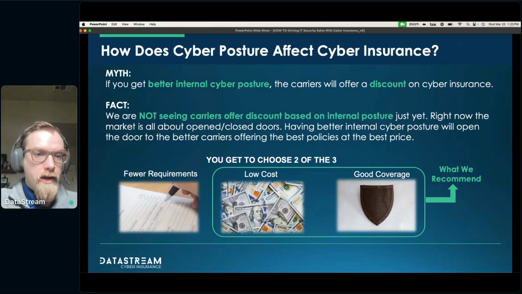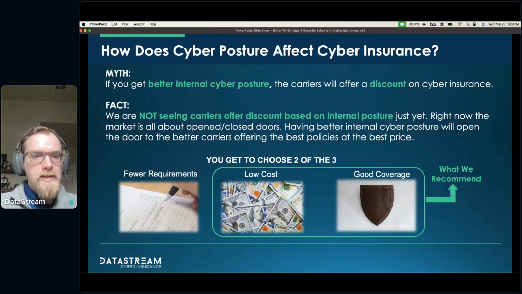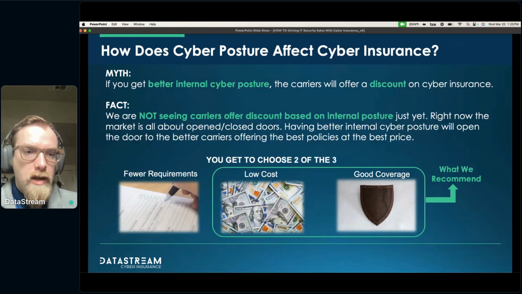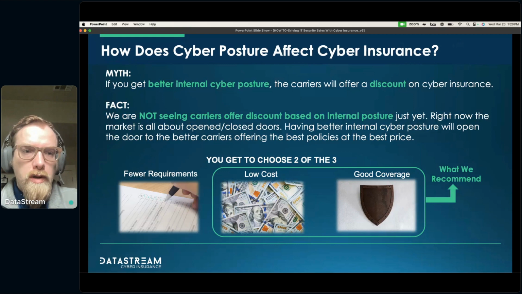Yes, we can go out there and maybe find a policy that isn't going to require as much from you, but are you willing to sacrifice the cost, or are you willing to sacrifice the coverage? We highly recommend not, because, especially during a cyber incident, you want very broad coverage. You want it to cover any aspect of that incident that's going to occur.